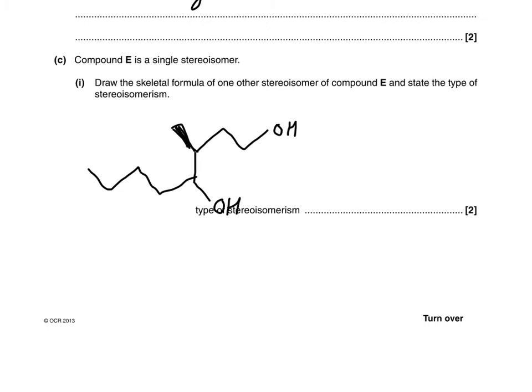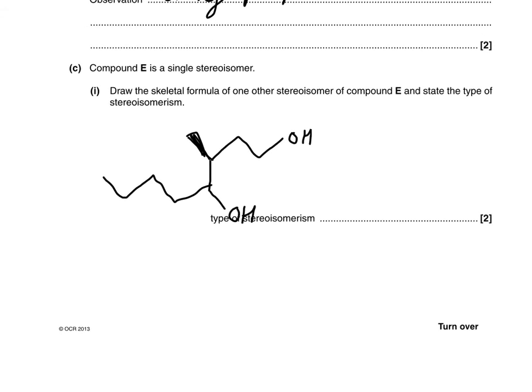I'm not completely sure I've got this drawn the right way, just bear with me. So this is the one you've got on your sheet. We need to identify one of the chiral carbons. There's actually 2 that I can see. So we've got one here and one here. Both of these are chiral. In order to do the stereoisomer, you're going to need to flip one of these bonds that's coming forward.